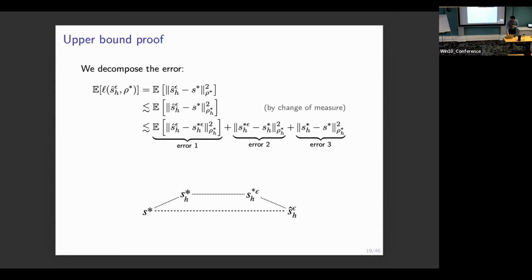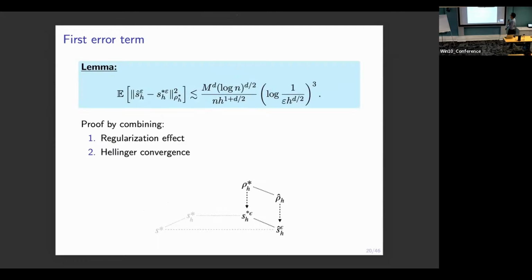For each one, the first error term was the most delicate for us. It follows by combining two main ideas: the regularization, and also showing a new bound in the Hellinger convergence.